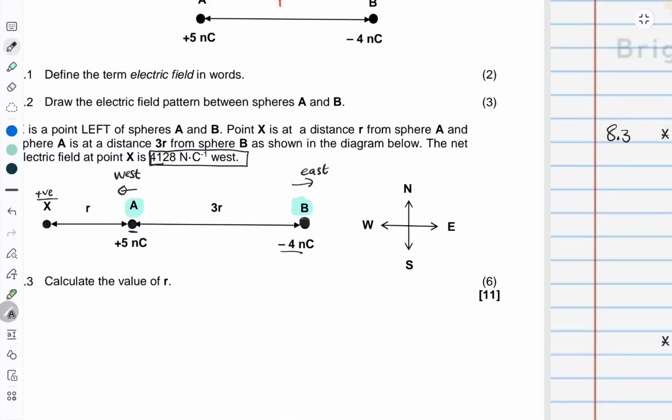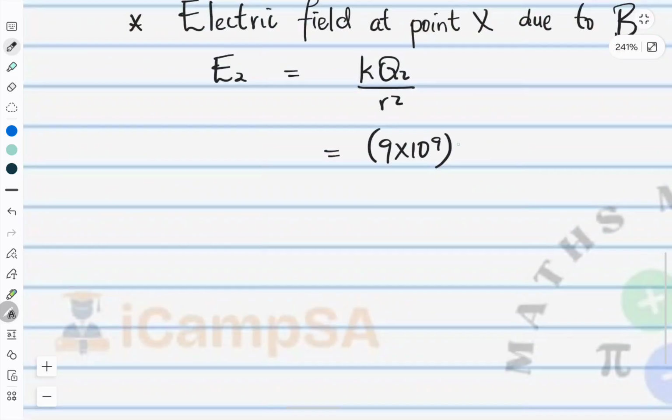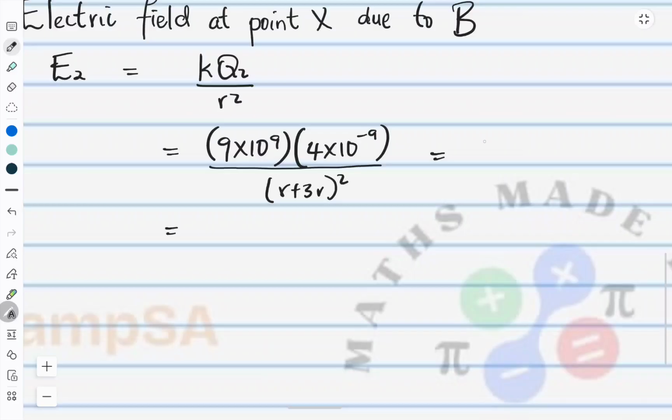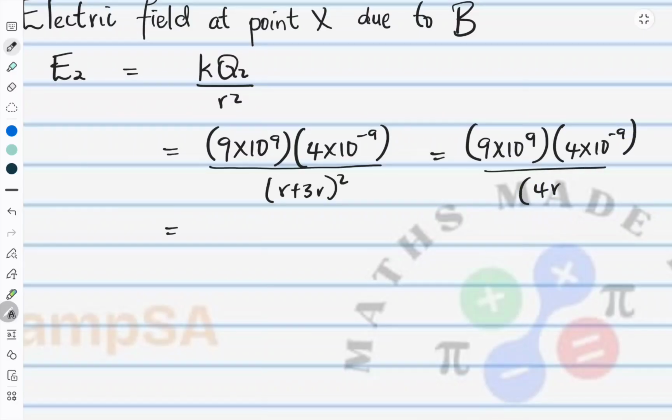The distance from X is 3r plus this r, so it's 4r. So we must keep that in mind. We said this is 4 times 10 to the minus 9 over the distance, r plus 3r, all of this squared. So this is 4r squared, okay? You can do it like that. So let me just write it here. It's 9 times 10 to the 9, you are clear, over 4r squared. All right, so that's what we're doing now.